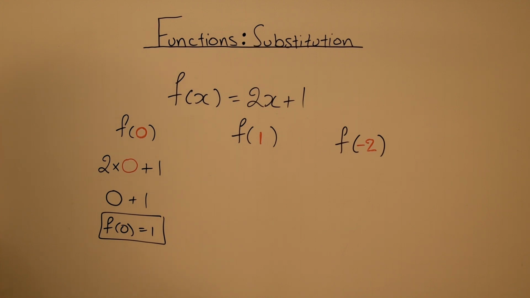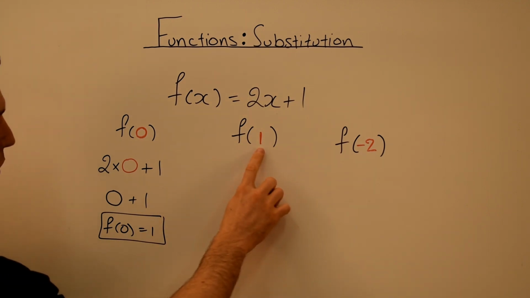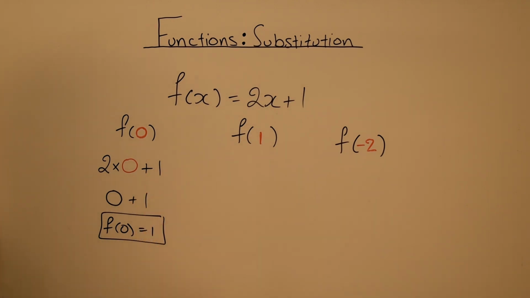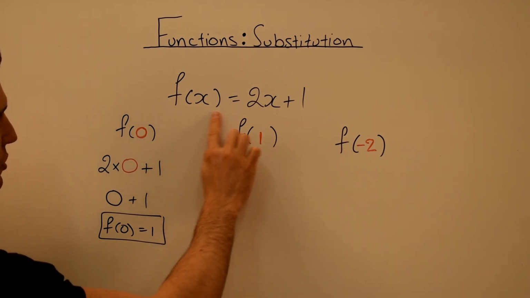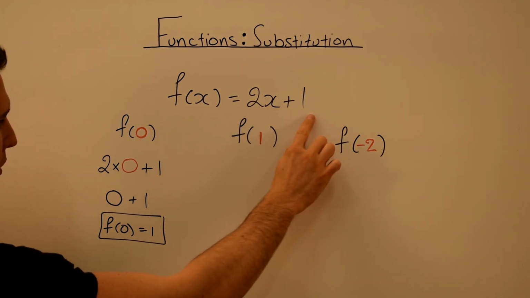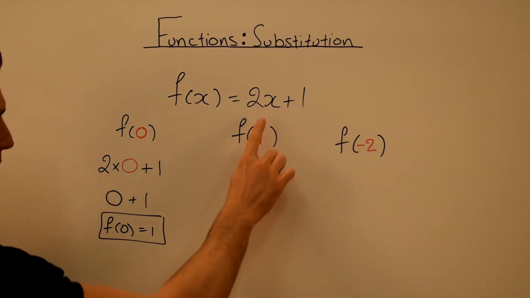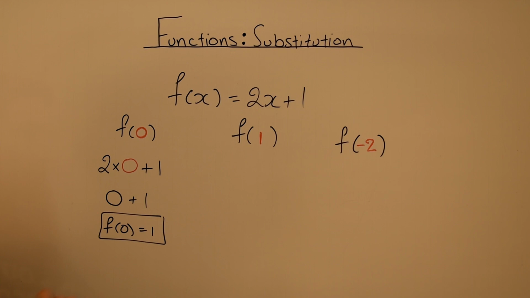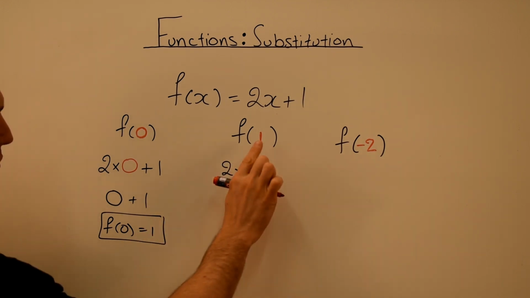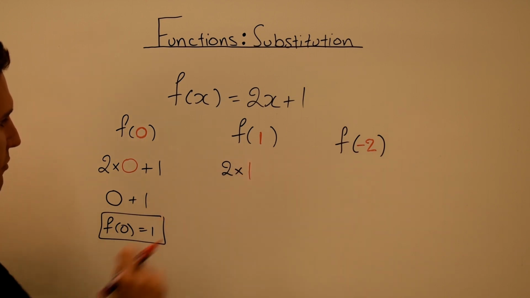Now let's have a look at the second question. That is f of 1. In order to find f of 1, once again we'll go back to the function, which is 2x plus 1, but we'll replace x with 1. So instead of 2 times x, we will have 2 times 1, which is the number in the brackets.